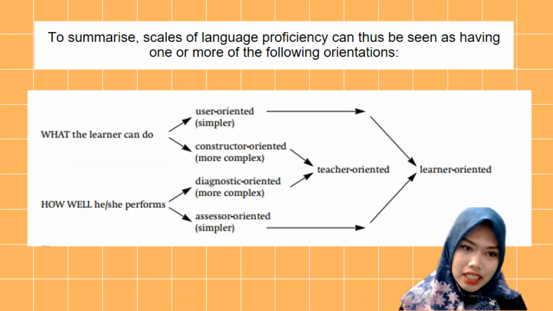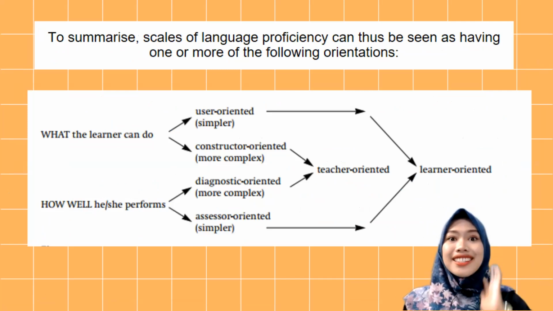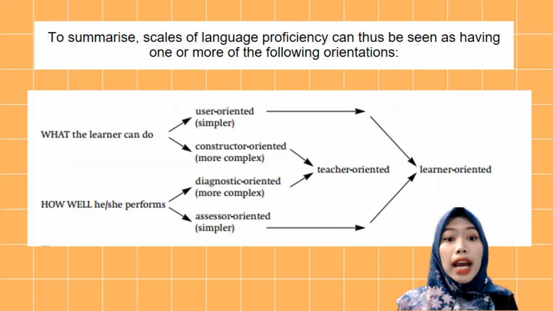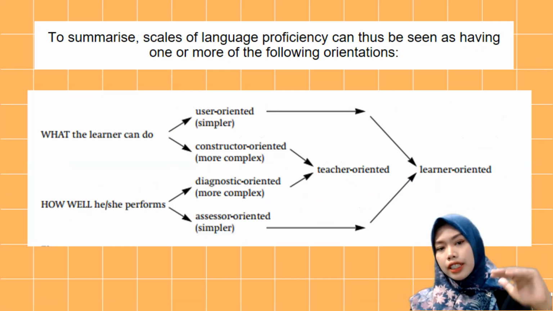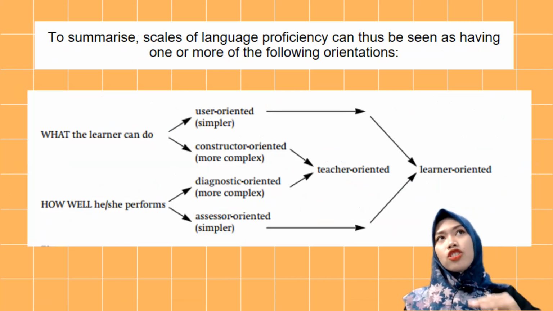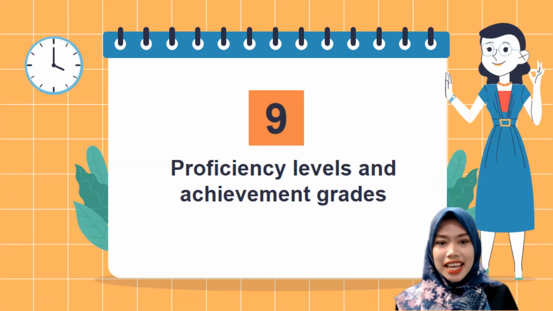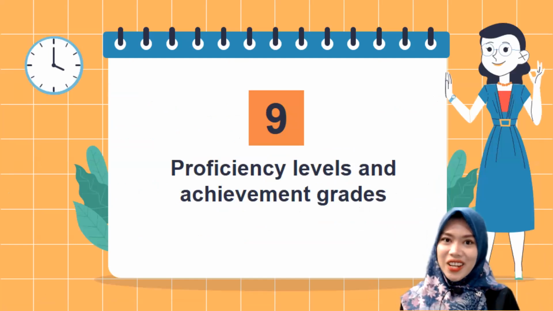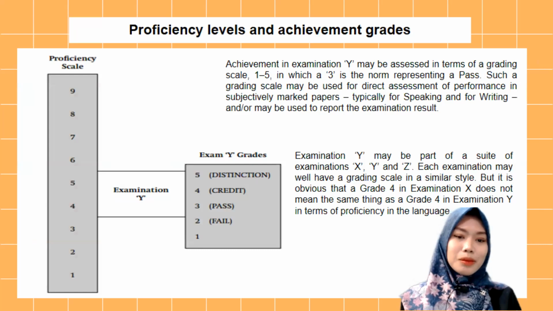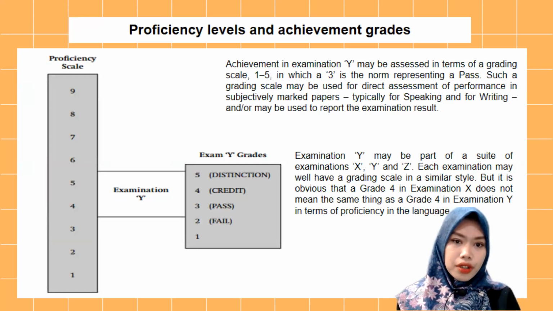Okay, this is the summary: scales of language proficiency can thus be seen as having one or more of the following orientations. Okay, what the learner can do, and then how well he or she performs. And the last is proficiency levels and achievement grades.